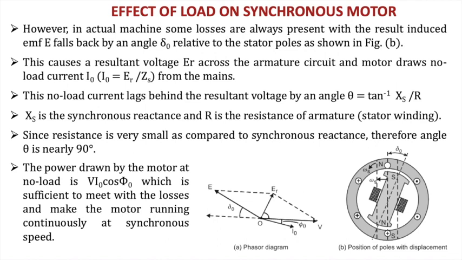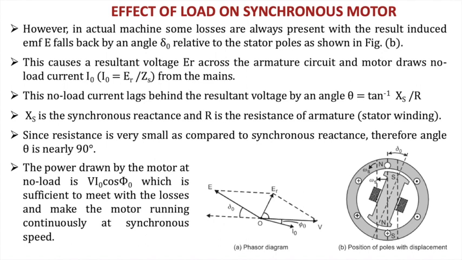Because resistance is very small, that angle theta is almost equal to 90 degrees. The power drawn on no load will be V I0 cos phi 0, where I0 is the no load current and cos phi 0 is the no load power factor, and it is just sufficient to meet the losses of the motor under no load condition.